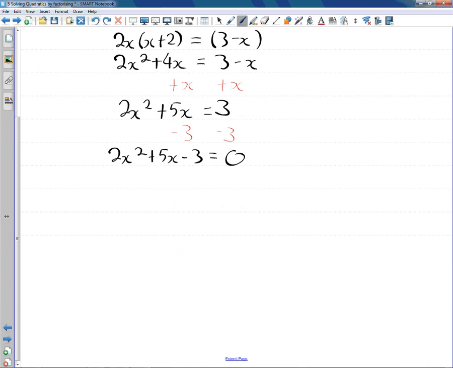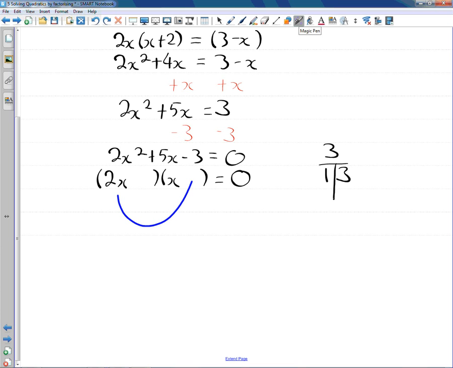So we're almost there. If this does factorise over the integers, it will do so like this. And 3 is prime, so we've only really got 1 and 3. The question is, which one of those would you like to be multiplied by the 2. And of course, given that we want to get to a positive 5x, I think the signs will have to be different.